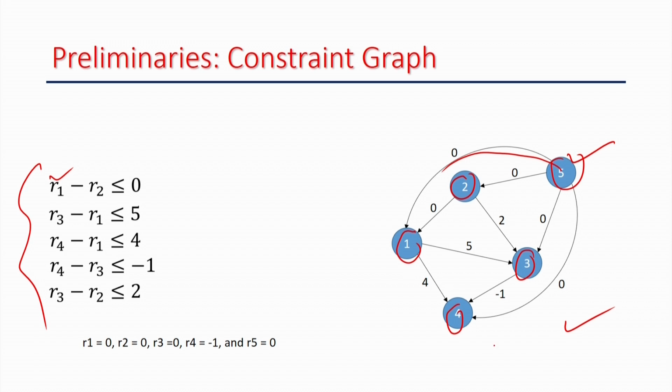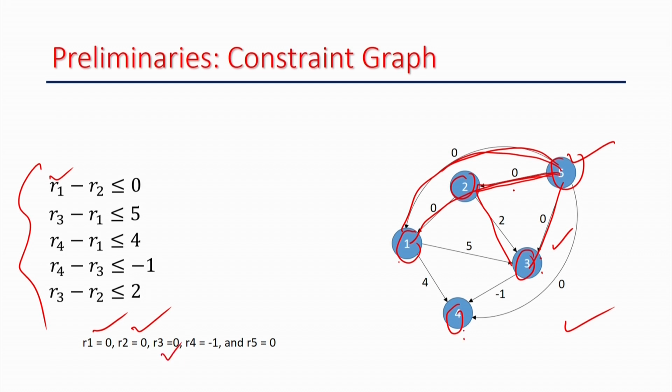So, if you solve this, we can see that R1 is 0, because I have two paths here. I just showed one path here, both are 0. So, R1 is 0. For R2 this is also 0 because there is only one path possible. For R3 there are two paths, but this is the minimum, so R3 is also 0.